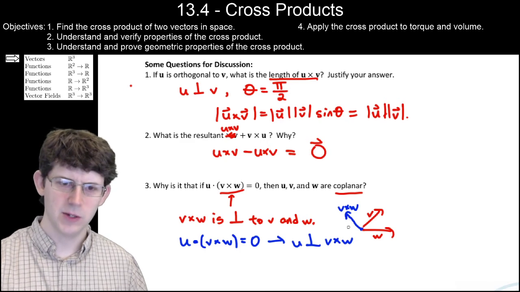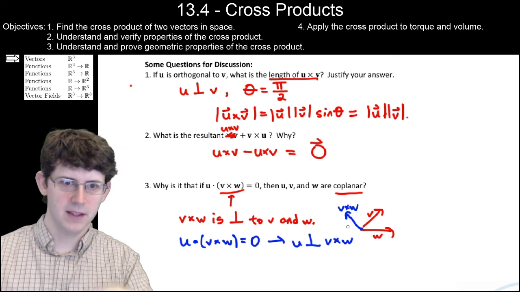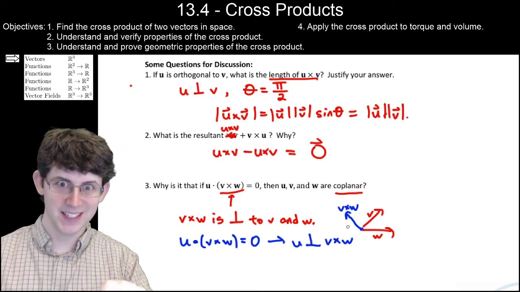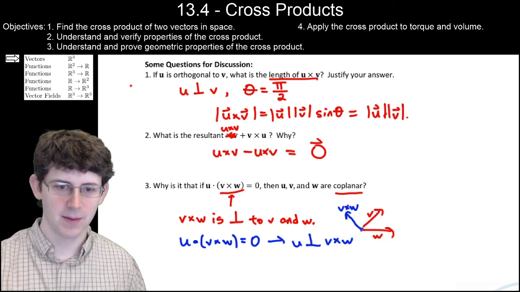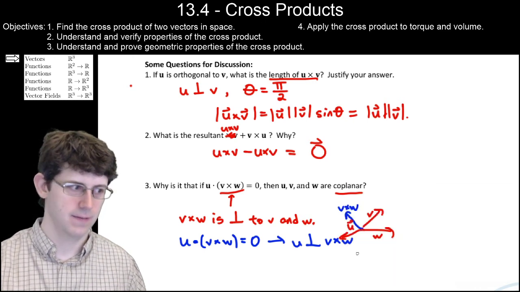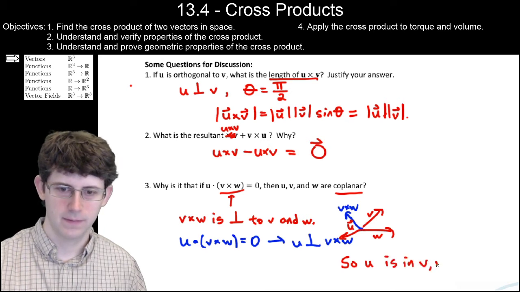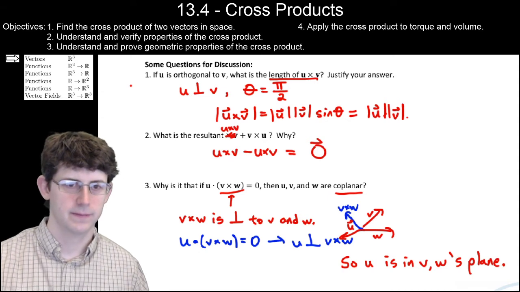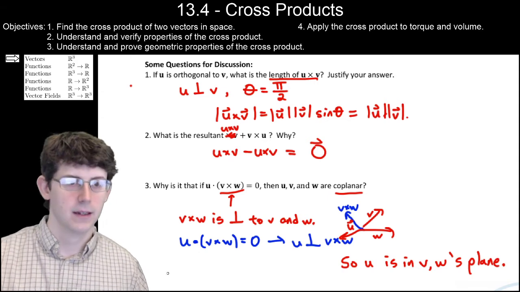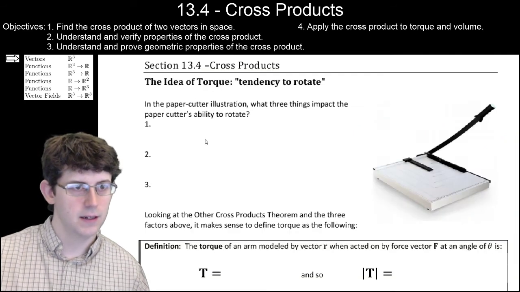So v cross w is the normal vector to v and w's plane, but u is orthogonal to that orthogonal thing, so u is trapped in this plane with v and w. Okay, on to the last page.